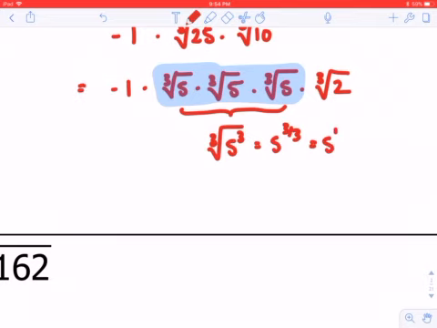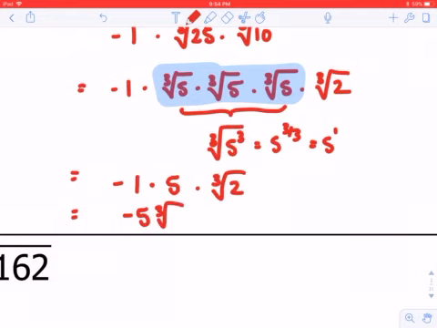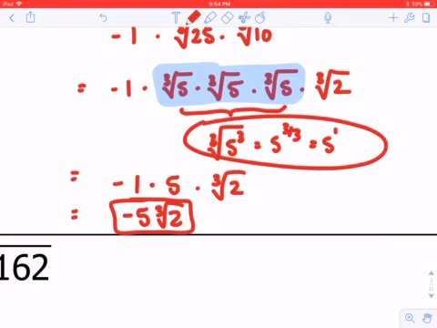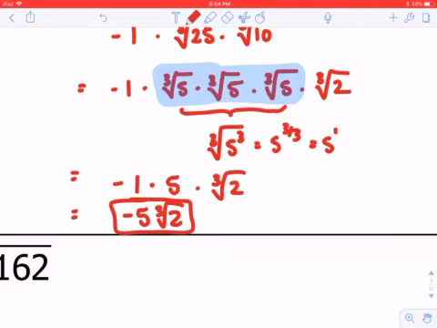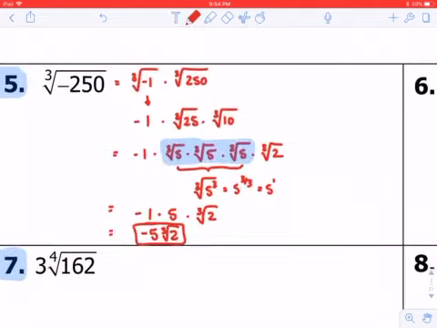So my next step, this is what I normally write: negative 1 times 5 times the cube root of 2. Again, I'm just showing some of the work of how I got that, which is just negative 5 cube root 2. I'm showing some extra work here, and hopefully that doesn't confuse you, but I want you to understand what I just did in case you have that question, and I'm not there to answer right now. So that's going to be number 5.